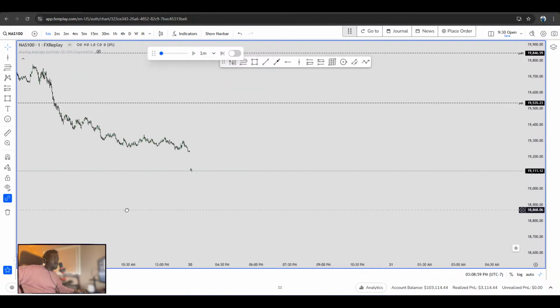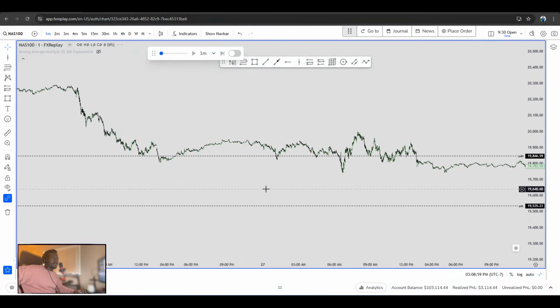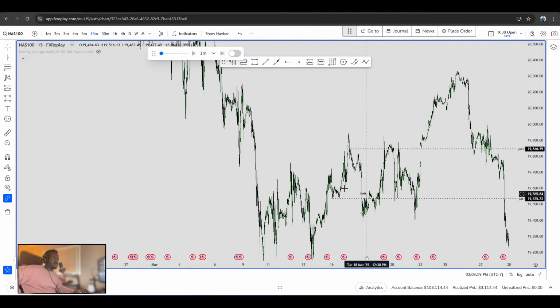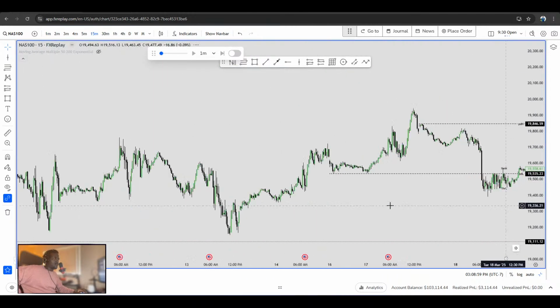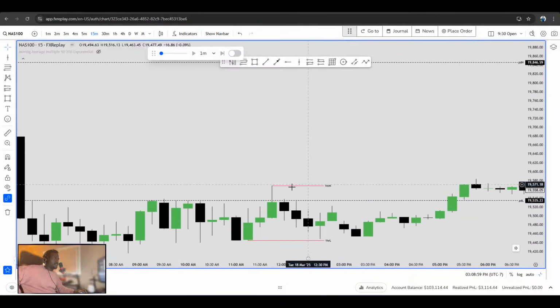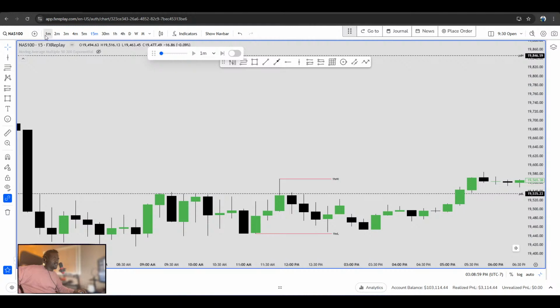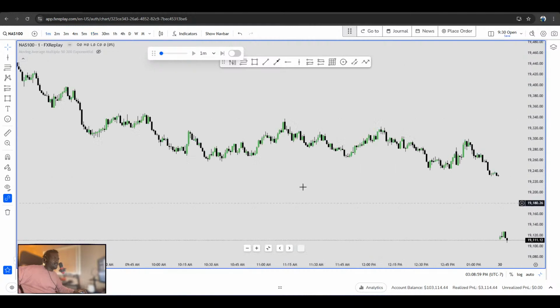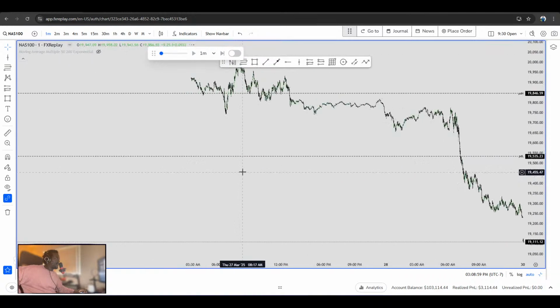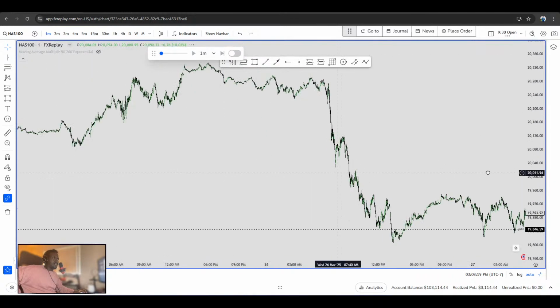No. What a waste. I'll go back to the 15-minute time frame because I can't see anything. I thought if you lock by cursor, because that's where I'm at, even if I change the time frame, it should take me there, but it's not doing that. That sucks. So let's just go back manually and then we'll end the live stream here.